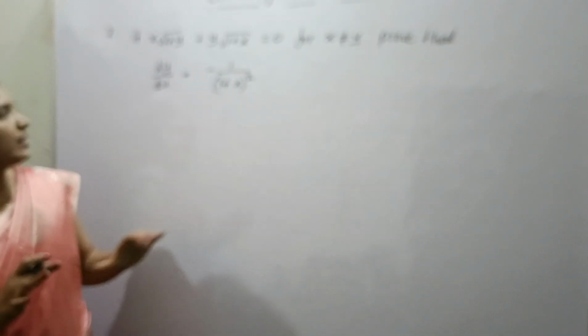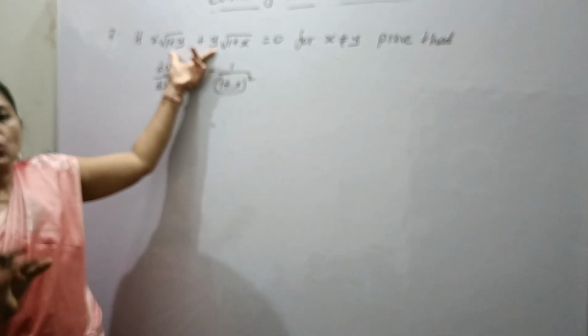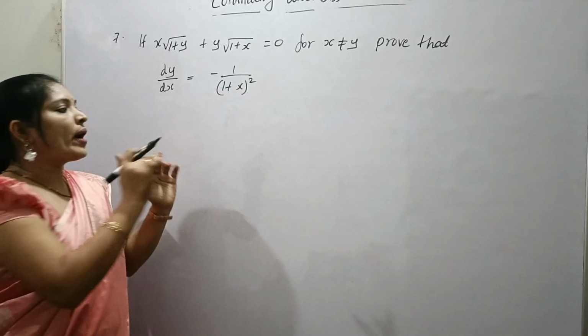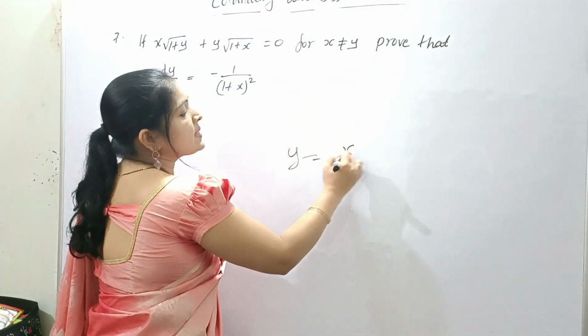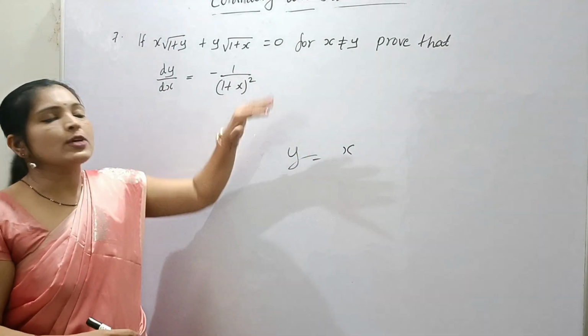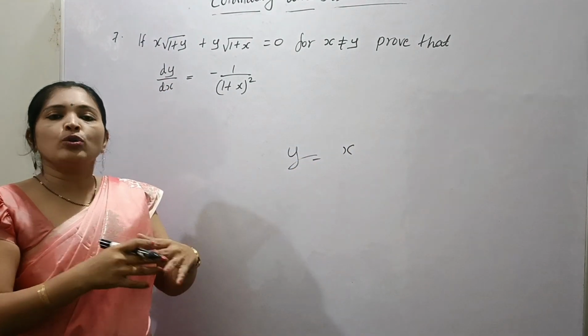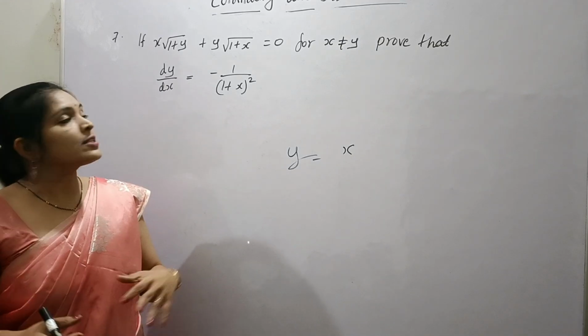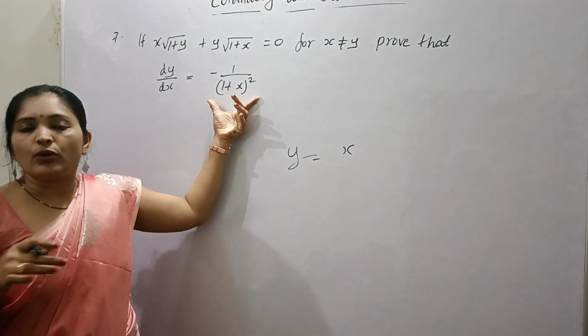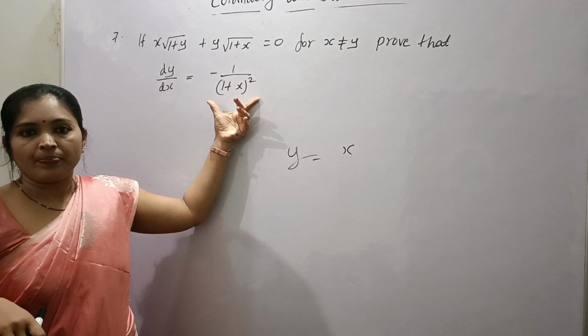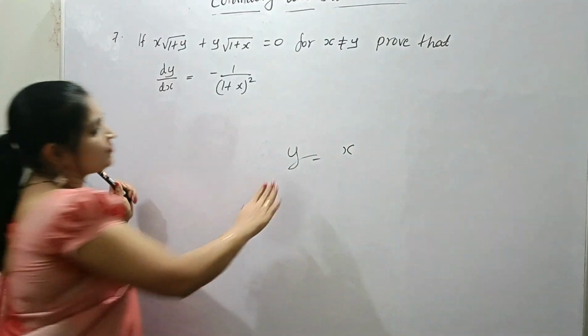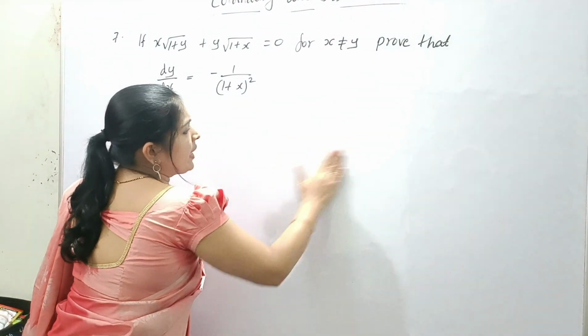So here we have to simplify this equation in the form of y is equal to some x terms. After that only you differentiate it with respect to x, so that you will get your RHS in x terms. Don't be confused.